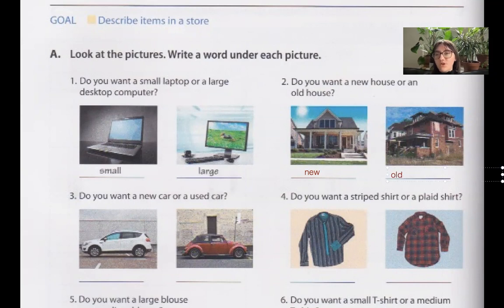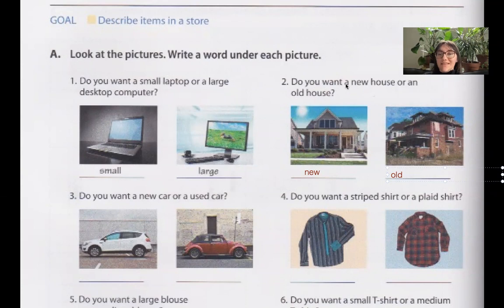And remember when we use a or an, the way to know which one you need to use is based on the sound of the word that comes after. So if it makes a vowel sound, right? A, E, I, O, U. If it makes any of those sounds, we use an instead of a.